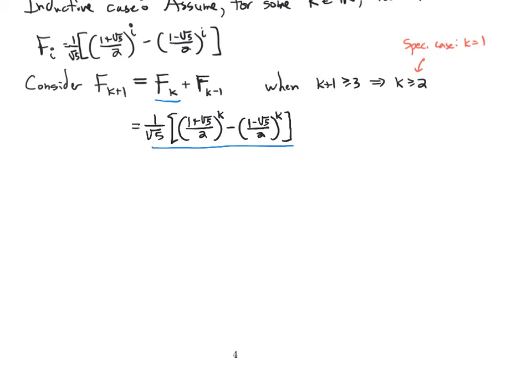Let's do it for k plus 1. 1 over root 5 times 1 plus root 5 over 2 to the k minus 1 minus 1 minus root 5 over 2 to the k minus 1. Oh, that should be a minus there.